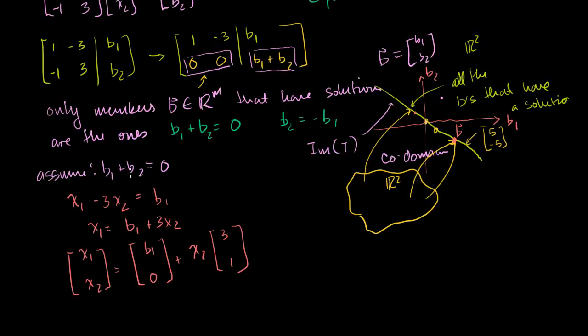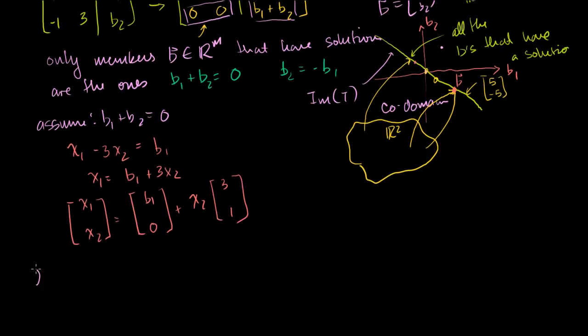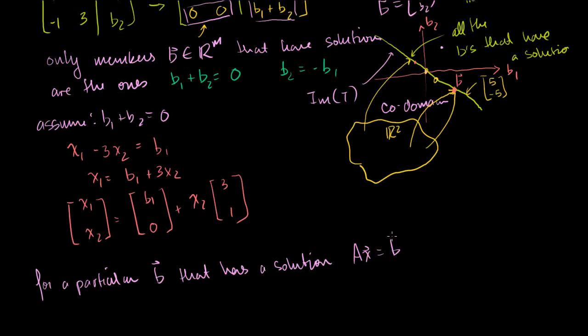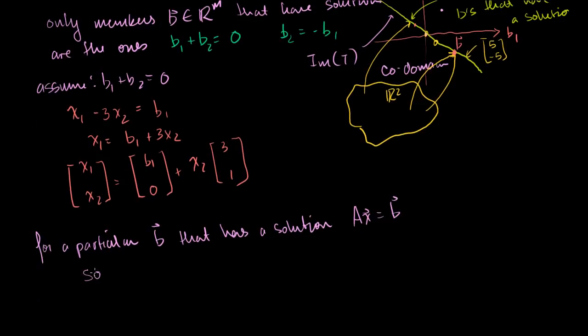So if we are picking a particular one of those guys for a particular b, let me write this down. For a particular b that has a solution to Ax is equal to b, the solution set will be equal to this thing right here.